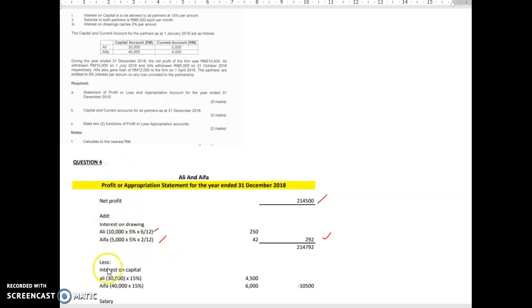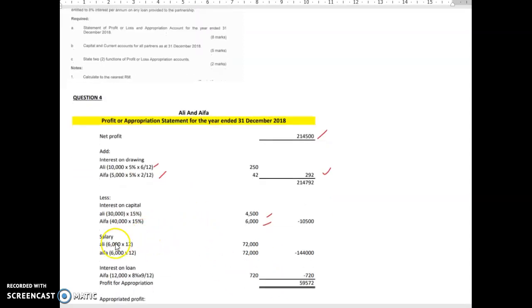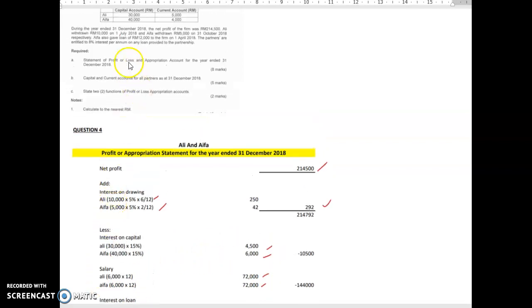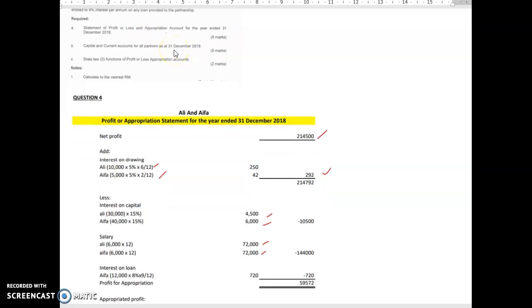And then you will less interest on capital. You can see here is the capital, 4,500 and also 6,000. Then you minus salary. Salary for each partner is 6,000 times 12, 72,000 each. For the interest on loan, only Aifa gave a loan to the business, 12,000 on 1st April.